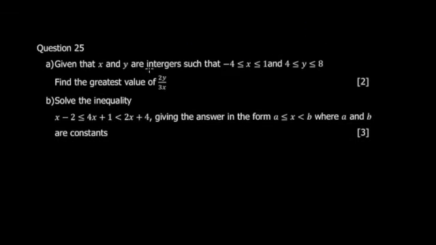So given that x and y are integers such that x is between -4 and 1, and y is between 4 and 8. So find the greatest value. So when it says greatest value of a fraction, what you want to do is you want to have the numerator as high as possible. So 3 over 1 and 5 over 1, obviously this one is bigger.